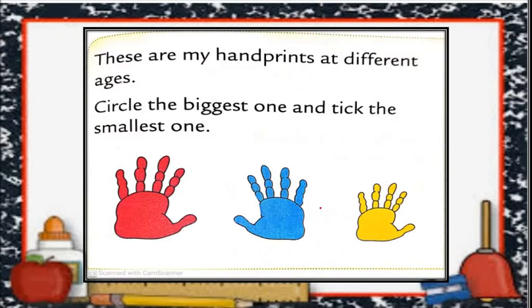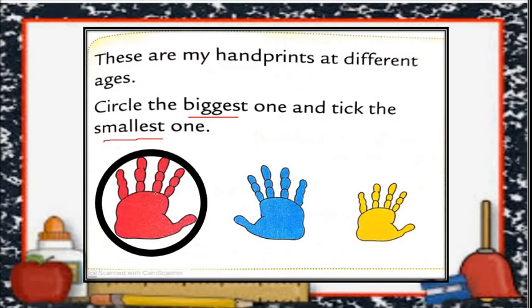Out of these three handprints, we have to find the biggest one and the smallest one. If you observe, this is the biggest one, so we have to make a circle around it. This is the smallest one, so we have to make a tick mark on it.